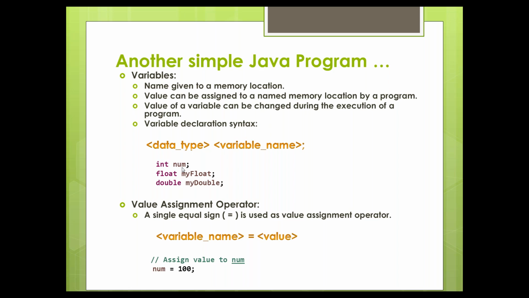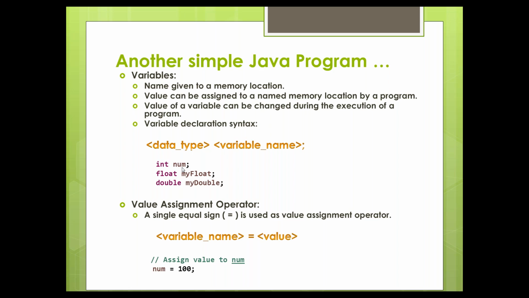Let us assume an integer needs 4 bytes to store a value. So the Java runtime environment randomly picks 4 bytes of memory in your RAM or physical memory, allocates them, and gives the name num to those 4 bytes of memory location. That is where you can store your integer value.